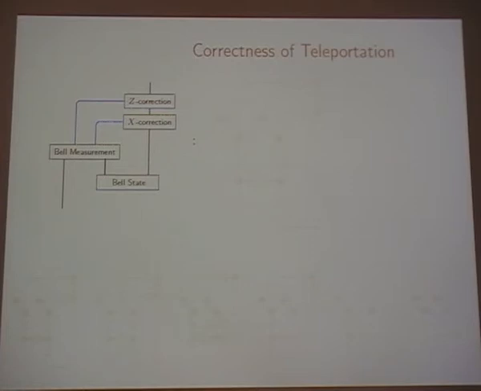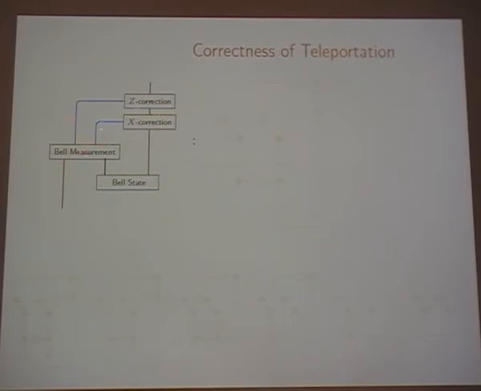The first protocol that we are considering is the teleportation. Here is the description of the teleportation in an informal language, just a graphical description. We have the Bell state, initial entanglement, which is shared between Alice and Bob. Alice is on that side, Bob on this side. Alice has another qubit in an unknown state. She applies a Bell measurement.